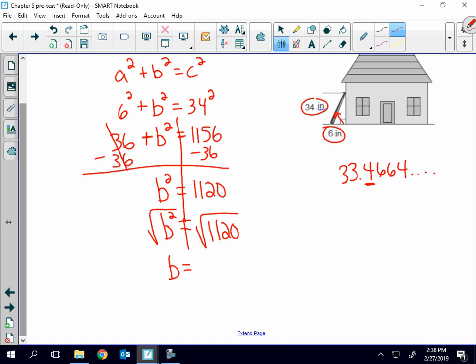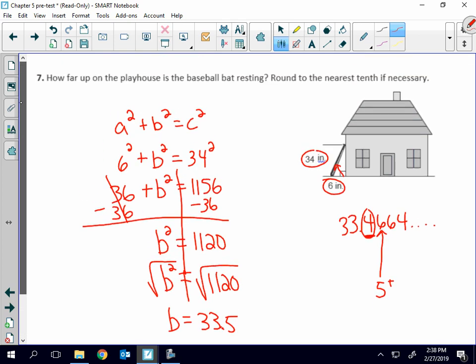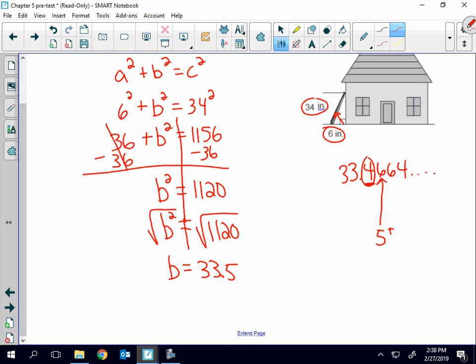So here's the tenths place. We're looking at the hundredths place to tell me if I stay a 4 or go up to a 5. Since this is 5 or bigger, this is going to go up 1. So instead of 33.4, it's 33.5. And this one has units. What do we got for units here? Inches. 33.5 inches. If another one had units and I missed it, I apologize.